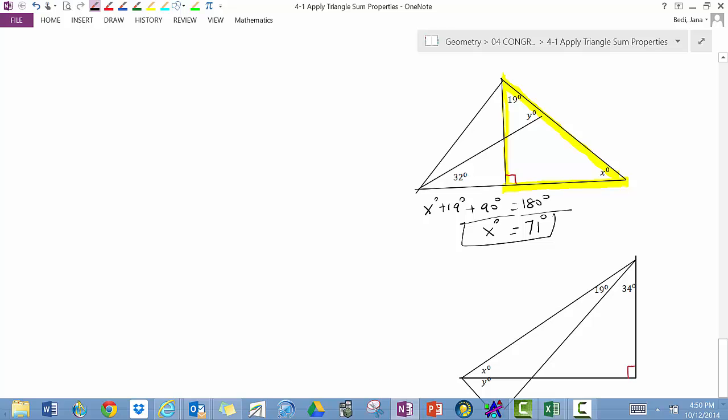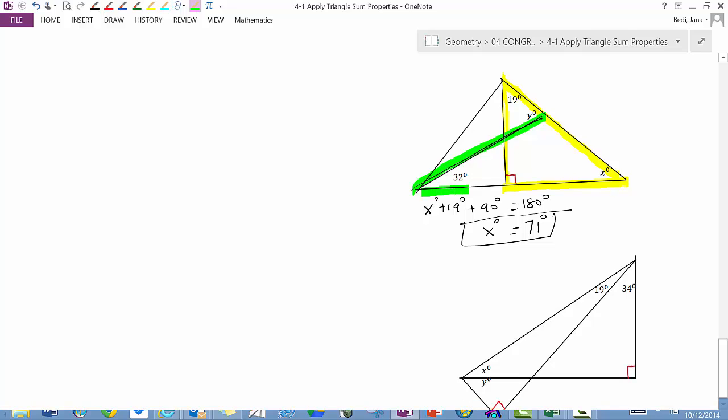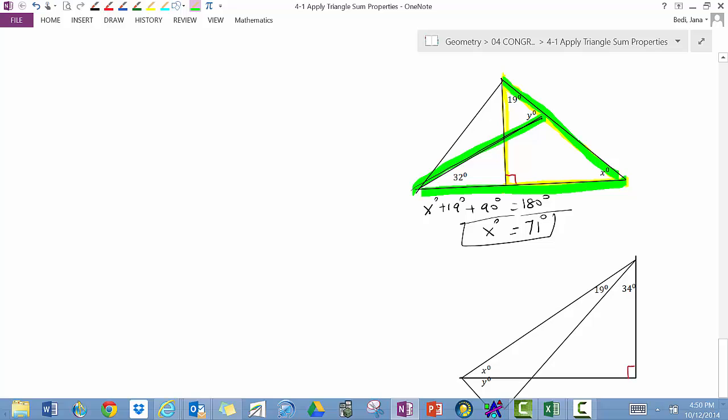So I've got x here, and then I've got x degrees, 32 degrees, and I am going to highlight this. Ooh, that didn't work too well, did it? So I've got this triangle that I'm going to look at. I notice that y is the exterior angle of this green triangle, and these two are the remote interior angles.